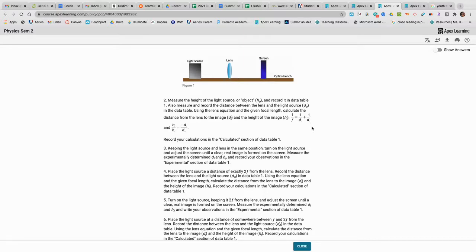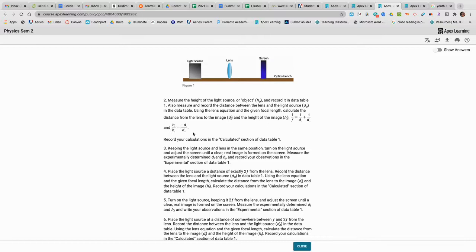And do is the object distance, or in this picture, the object is the light source. So how far away is the light source from the lens? Now the image forms on the screen. Wherever you move the screen to get a clear, in focus image, that's where the image forms. So that's the distance to the lens. It's wherever the screen is.